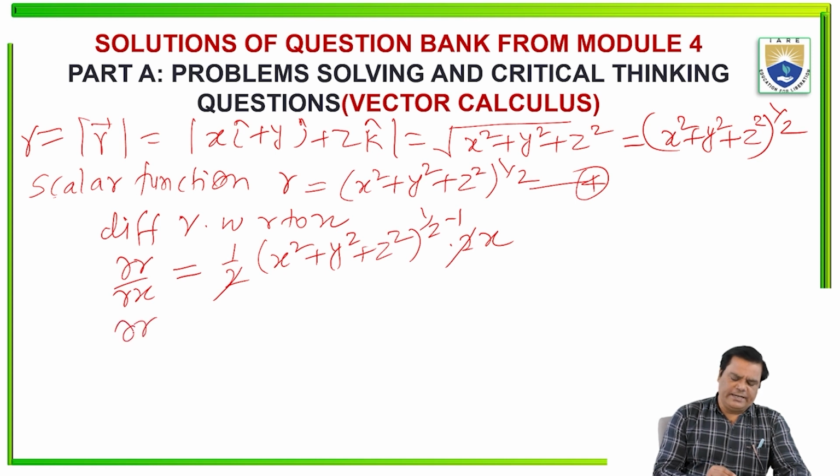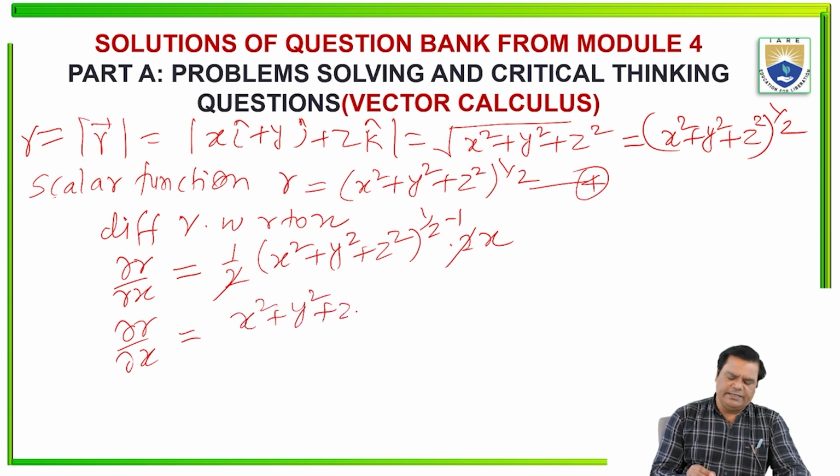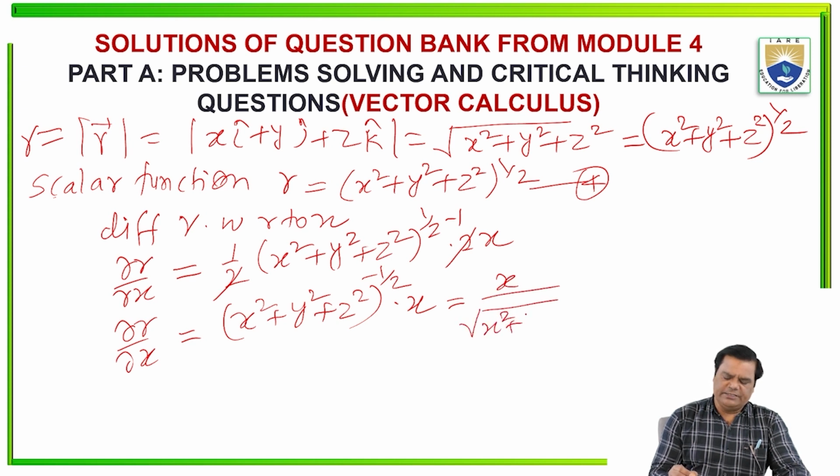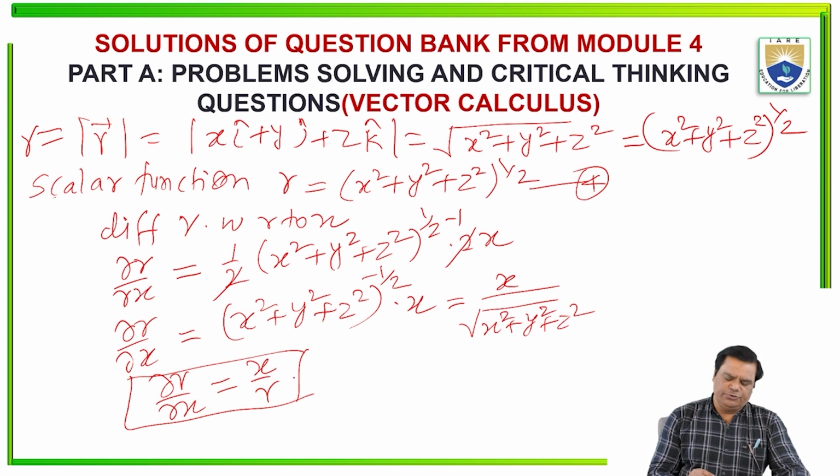So del r over del x equals x square plus y square plus z square to the power minus half, into x. So this equals x upon the square root of x square plus y square plus z square. This is r. So basically del r over del x equals x upon r. We get this result, equation 5.